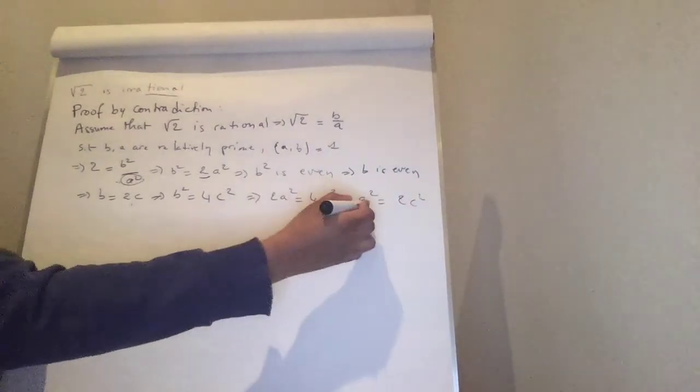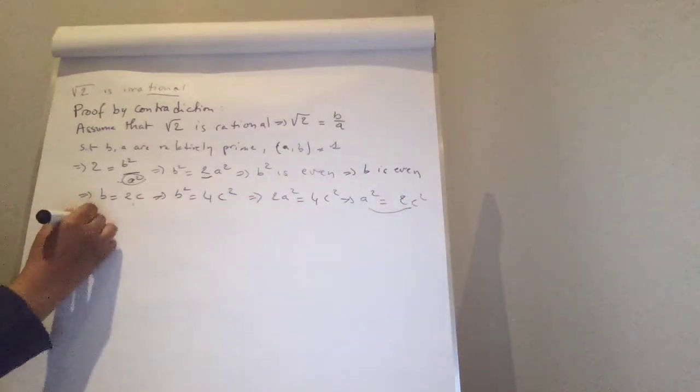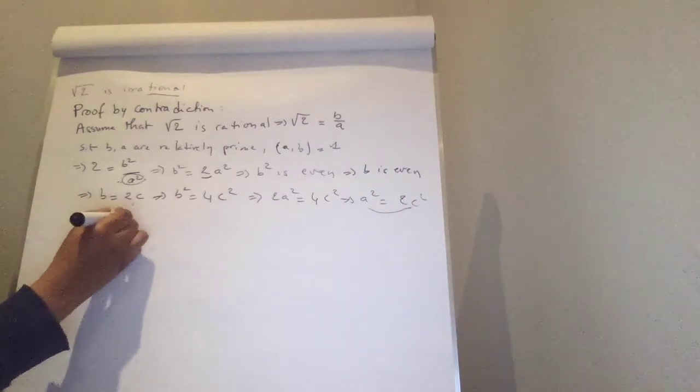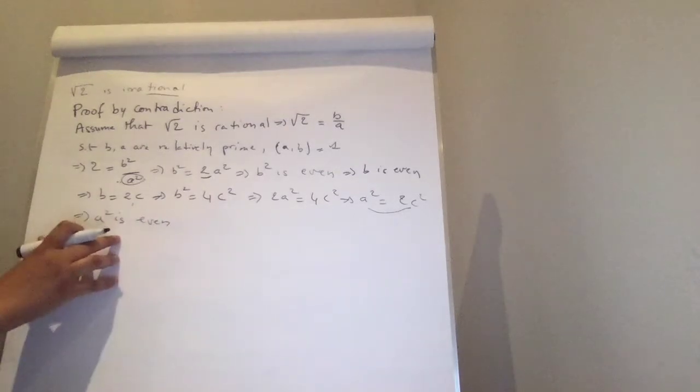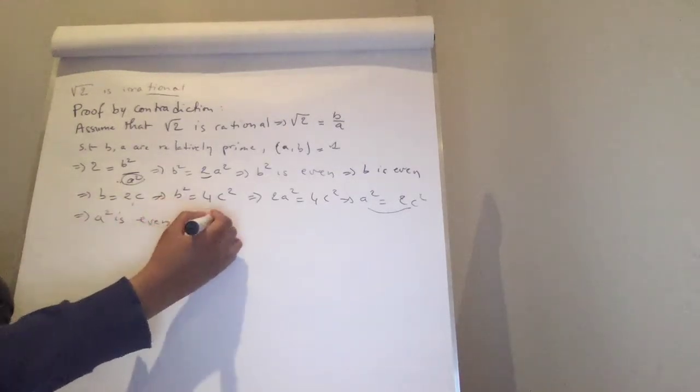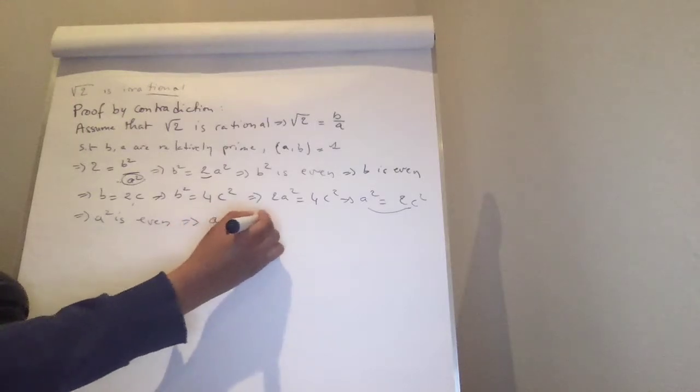And from this formula again, we can deduce that a squared is even. And since a squared is even, that means that a is even too.